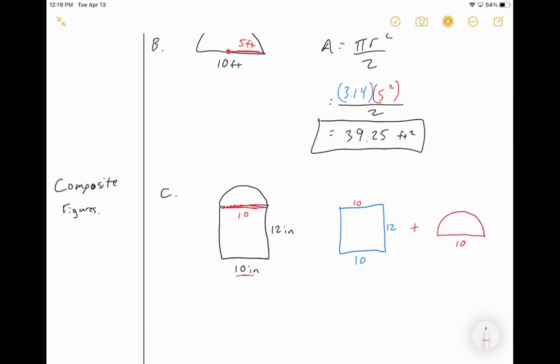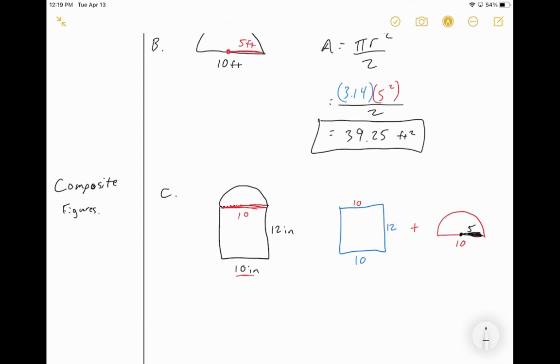You guys see that, how I got 10 for that side? Even though I didn't give you the number 10 directly for the semicircle, you should be able to figure out what the number is. Now be careful though, we don't need 10. This is just like the problem we just did. We actually need 5 right here. We need the radius to do radius squared.